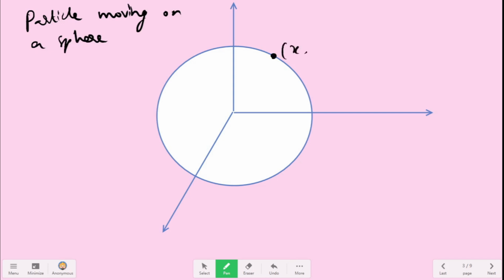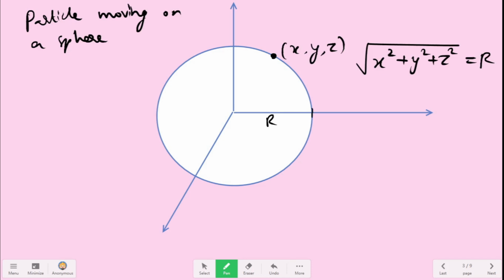Its position can be specified by using x, y and z coordinates, but all of the x, y and z are not independent because these are related by the equation square root of x square plus y square plus z square is equal to r. So r is the radius of the sphere.